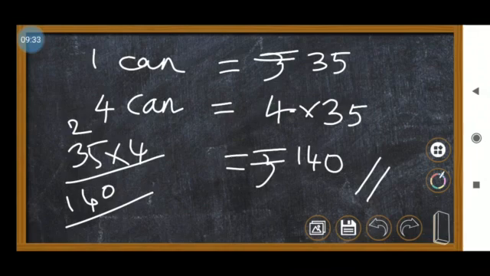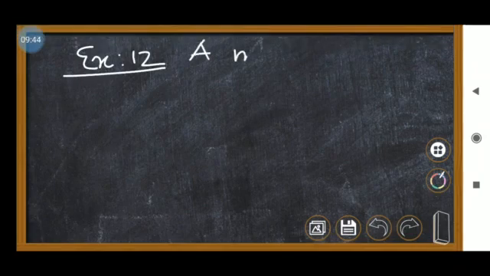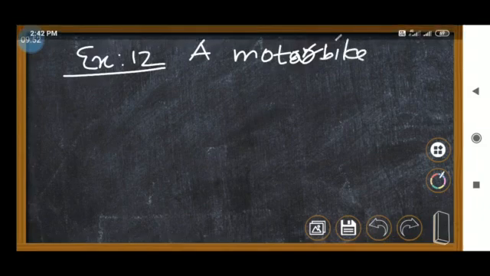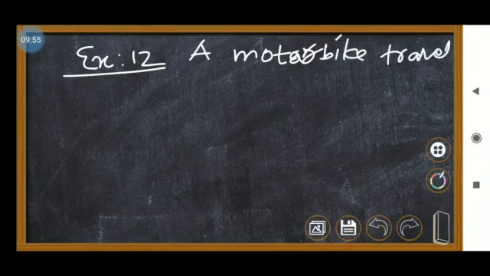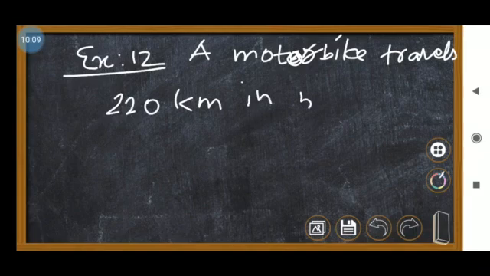Okay, so next problem, example 12. What is given: a motorbike travels 220 kilometers in 5 liters of petrol.